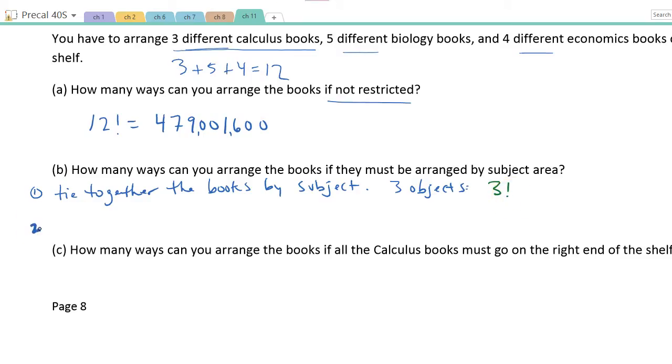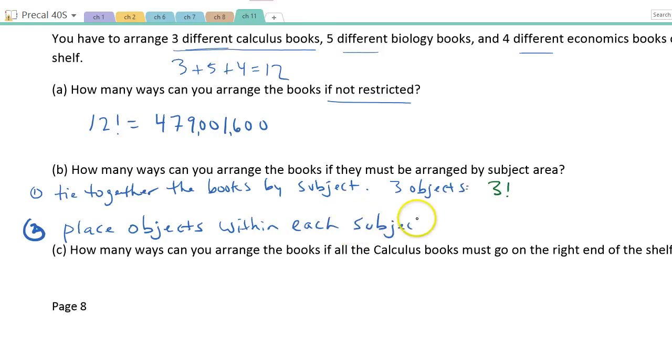Now within each one, within each subject group, place the objects. So looking at the 3 calculus books, how many different ways are there to place the 3 calculus books? 3 factorial.